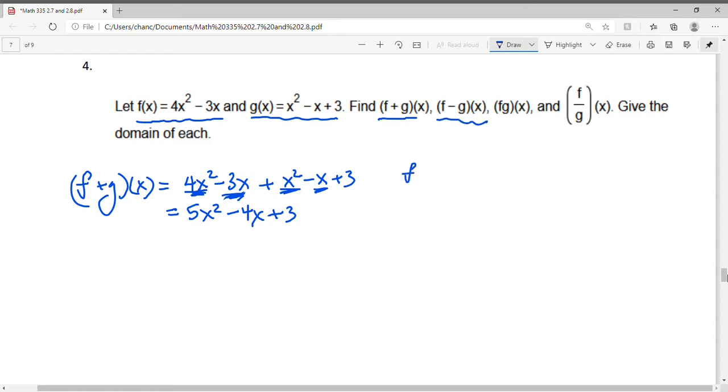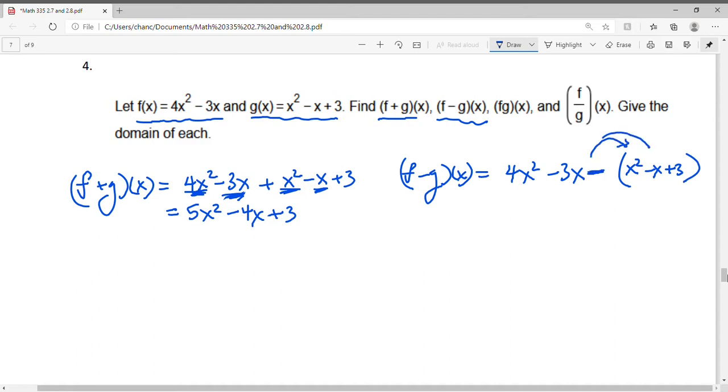To do f minus g of x, we'll have to subtract g of x from f of x. That's 4x squared minus 3x minus, now you need to remember to put parentheses on the right side. We're subtracting the entire g of x, so don't forget to put parentheses. We need to distribute.